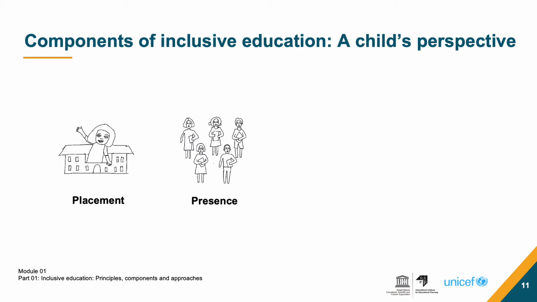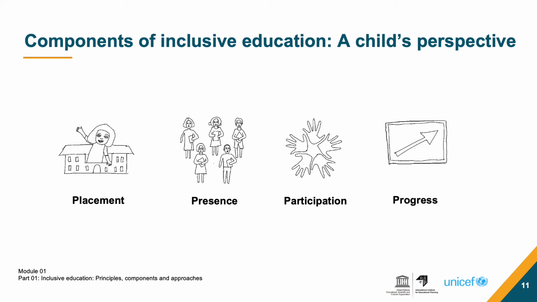Presence refers to the actual attendance of the child in the classroom, which means how reliably and punctually he or she attends. Participation focuses on the quality of the child's experience, meaning its active engagement within the classroom, and finally, progress, which refers to the means of validating the participation and quality of inclusive education through academic assessments and more.